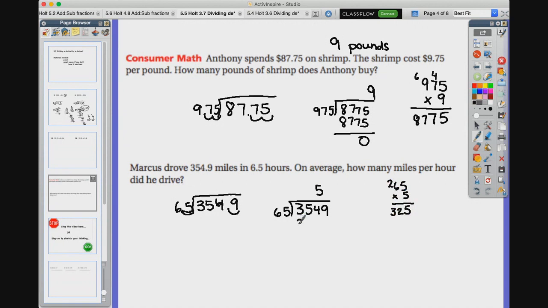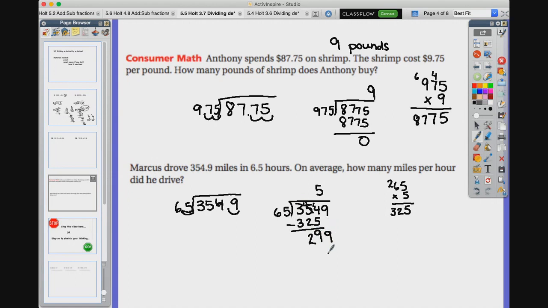Does that work, or do I have too much left over? Subtract it. Borrow. 14 minus 5 is 9. 4 minus 2 is 2. All right, so we're good to go with that. And then we bring down our 9.